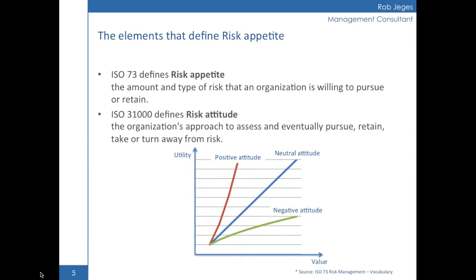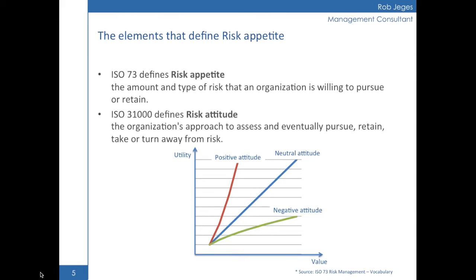Risk attitude talks about the organization approach to pursue, retain, or turn away from risk. And that is a relative term. It depends on the values that are being pursued and how the utility of that values is regarded by the organization. The idea of utility is how important is the value to me.